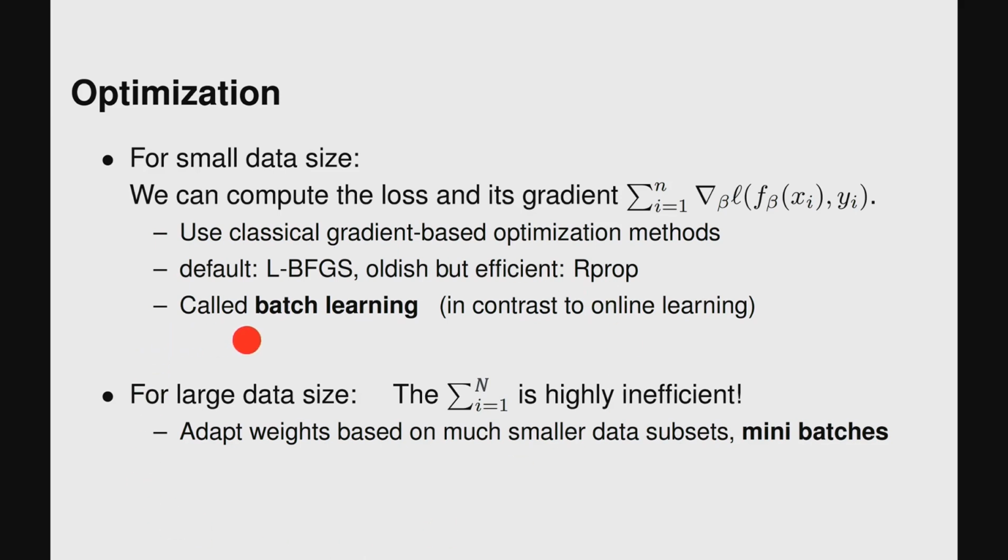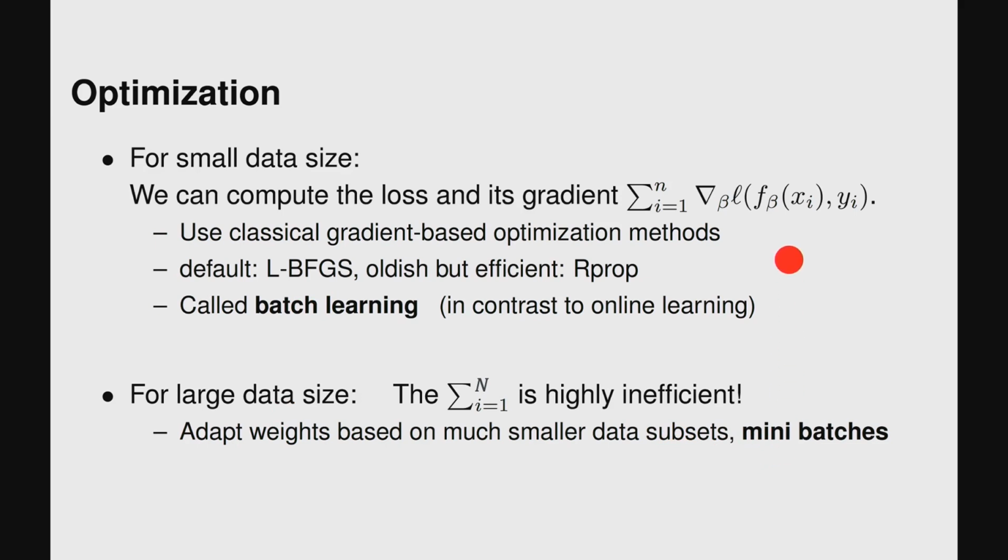For very large data set sizes, where we may have millions or billions of documents, this is not a very efficient procedure. Rather, what you do then is define subsets of the data, so-called mini-batches.